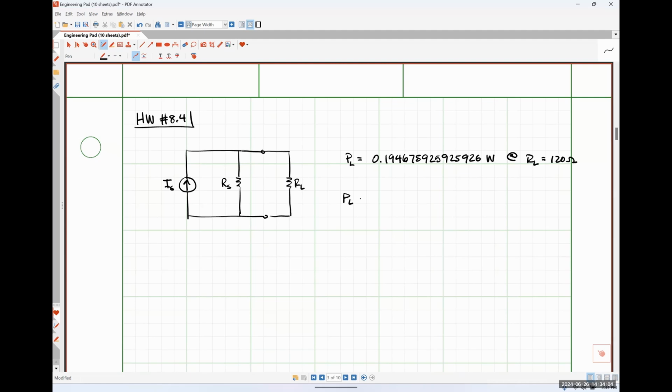And we are also told that the power absorbed by our load is 0.345244126124552 watts when our load resistance is equal to 470 ohms.